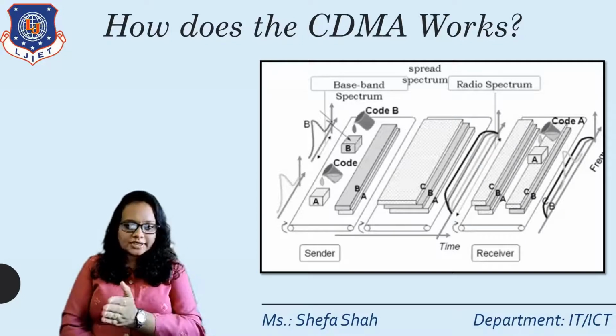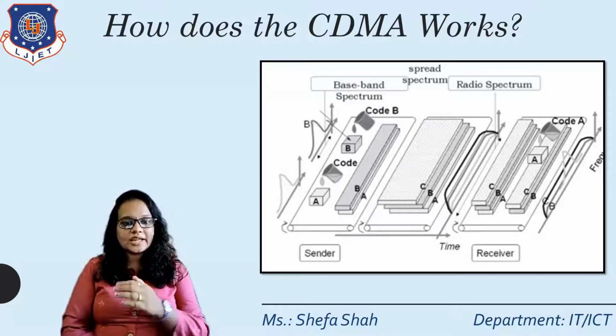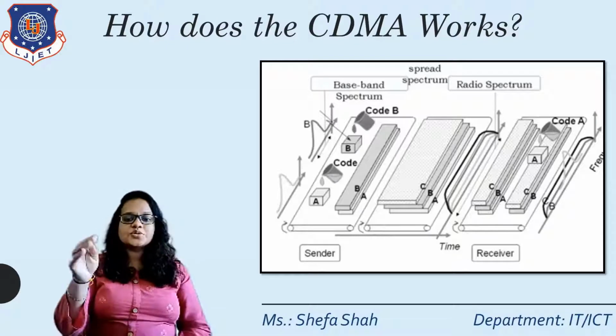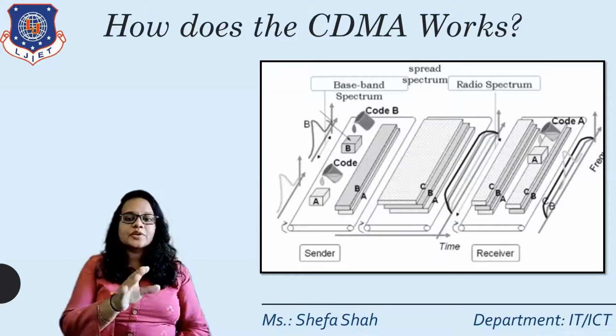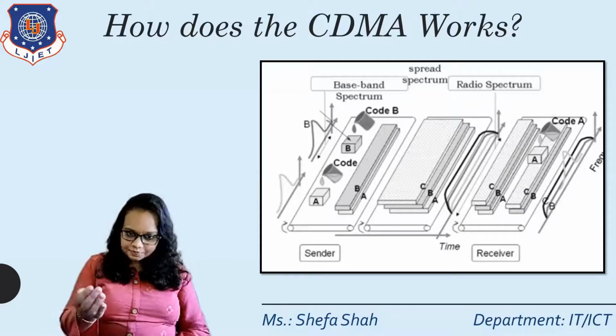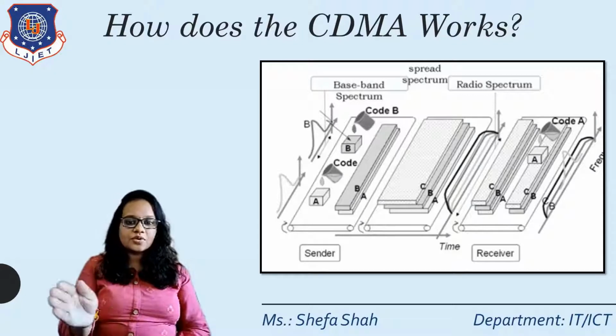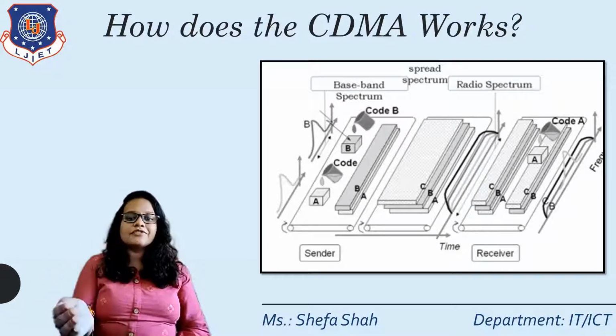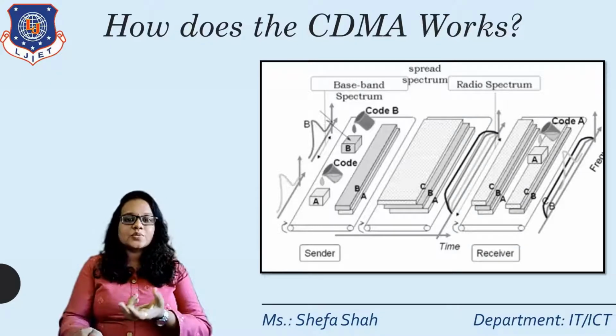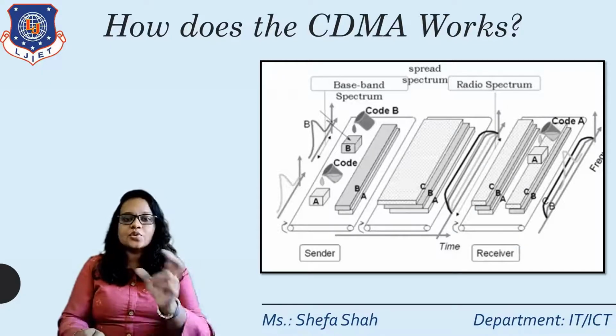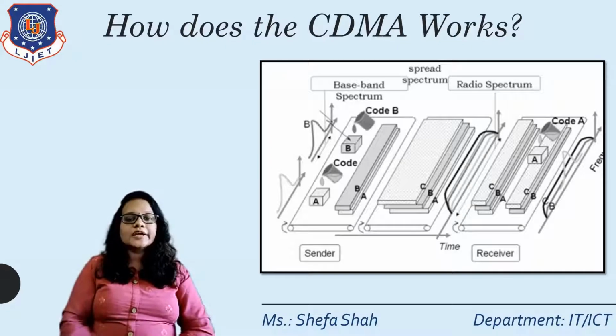During this whole time, the whole frequency band as well as the whole time allocation is allocated. First it is encoded, and after it is encoded, it is spread over the whole bandwidth. After that, at the receiver side, the PN sequence is detected, and that particular code is allocated to either code A or code B, as intended.